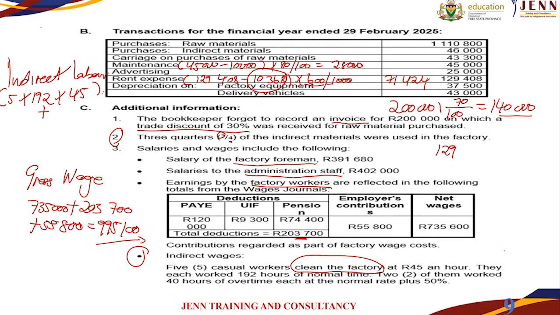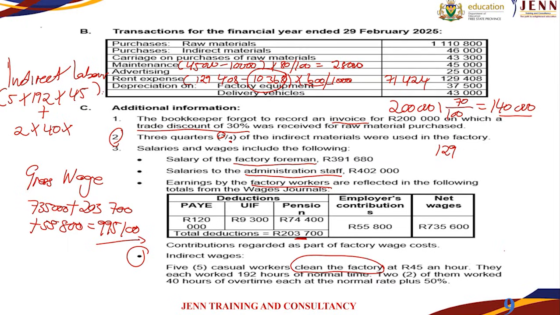So for the calculation of that 2, we are going to say 2, which is the number of employees, multiply by how many hours that they have worked. It's 40 hours, multiply by, look at now what is happening here.